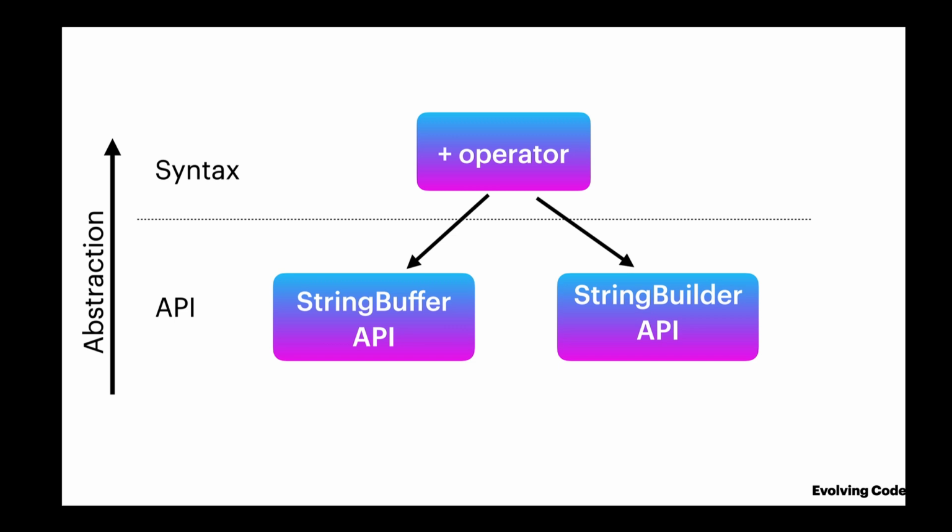That way, if you stay at a higher level of abstraction, you have the benefit that Java can internally optimize and choose the best API for you, and without you making any changes in the newer version, your code may be working faster. So when it comes to using Java, always try to pick a higher level of abstraction and not a lower level of abstraction most of the time.